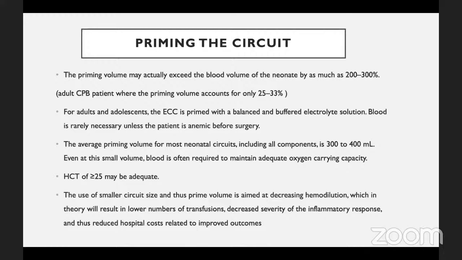And of course, all pediatric priming requires blood. Most of the cases now require blood, and we usually use packed cells.